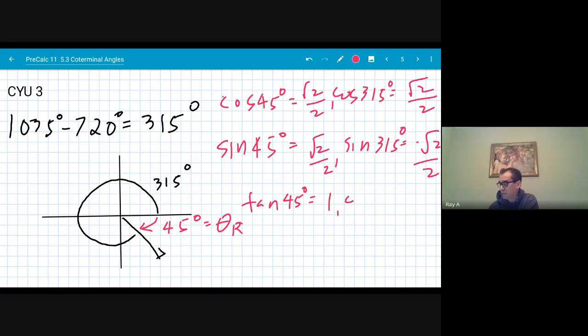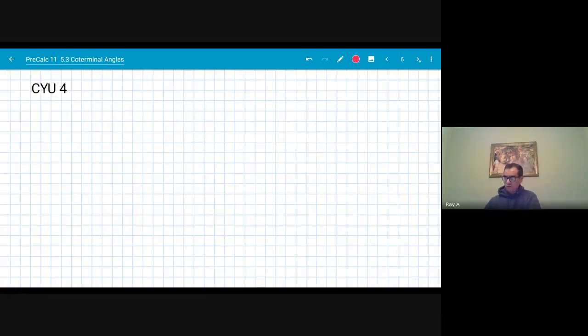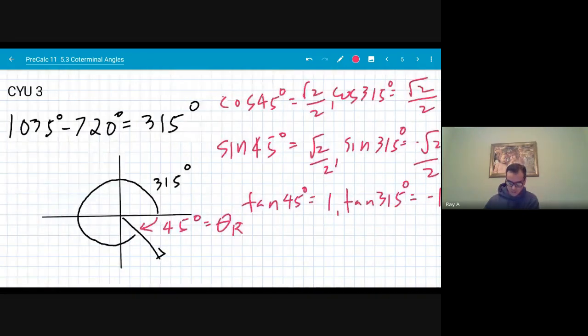But since it is in quadrant 4, tangent of 315 is negative 1. Are we good? Okay, that's it. Sorry, did I answer all of those?